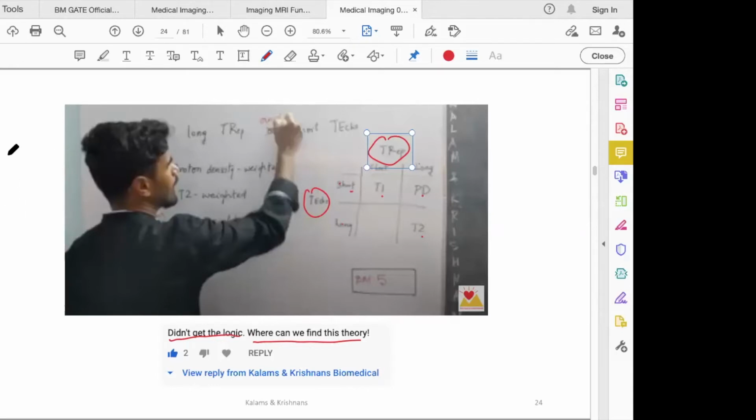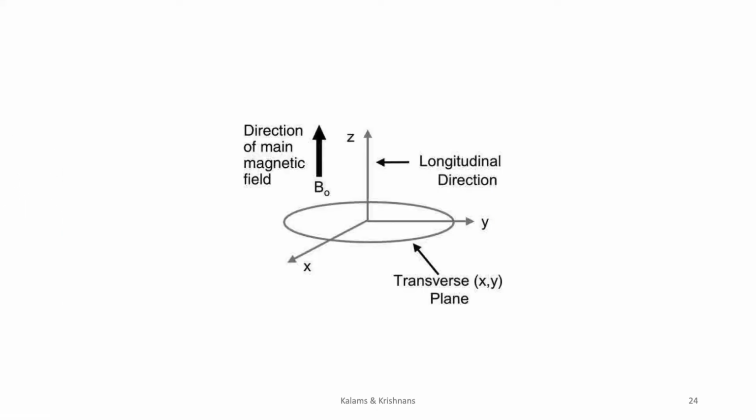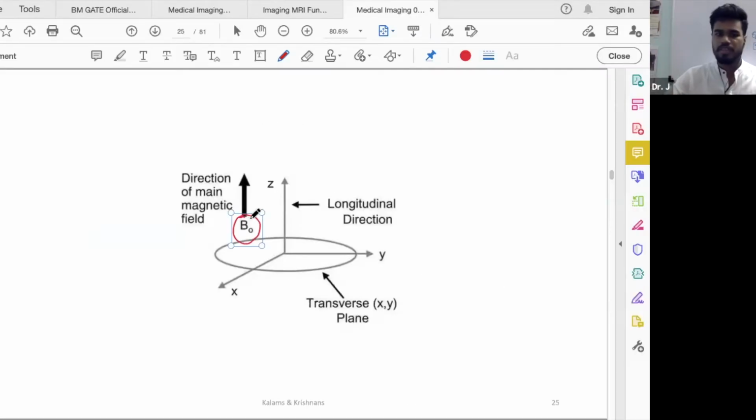Okay, let's do that. In MRI, the first thing is we need to know the directional terminologies. We have the main magnetic field that is applied, B naught. For a 3 Tesla machine, this is that 3 Tesla.